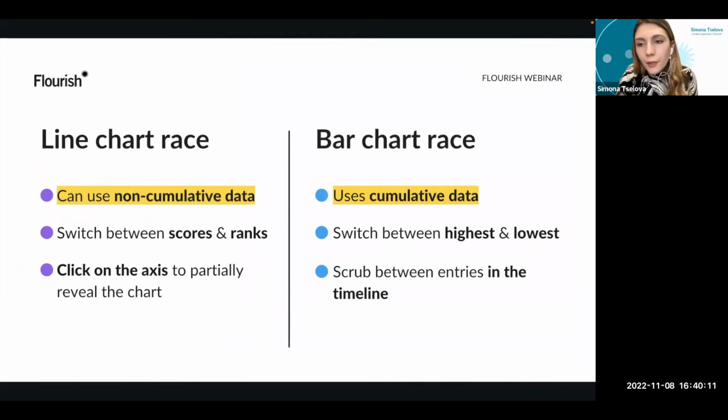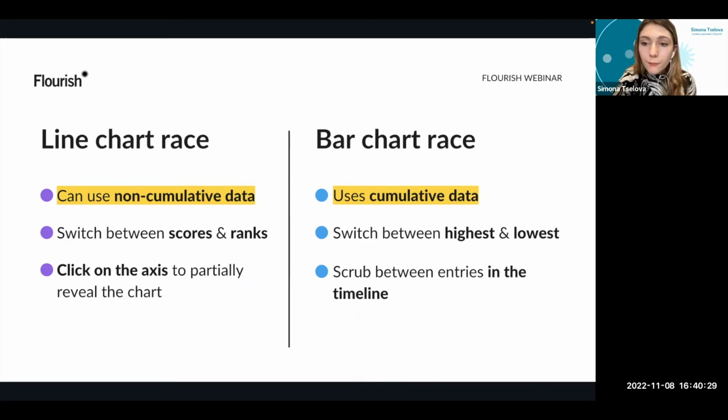Of course, a very obvious question might be, okay, in which case should I use a line chart race? In which case should I use a bar chart race? There are plenty of differences between the two chart types, as there is a difference between a bar and a line, regardless of whether it's a racing chart or not.